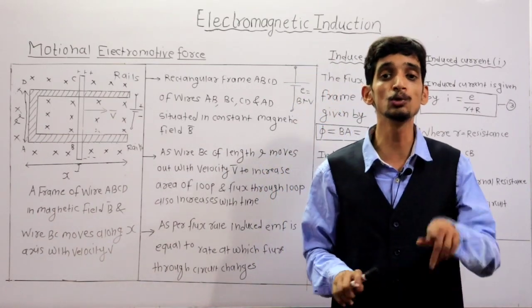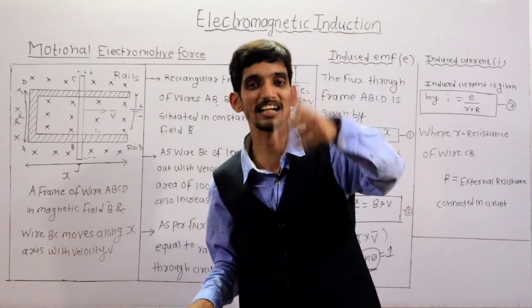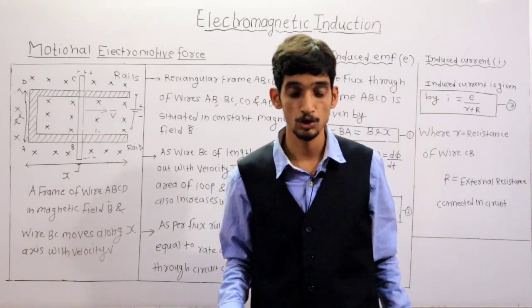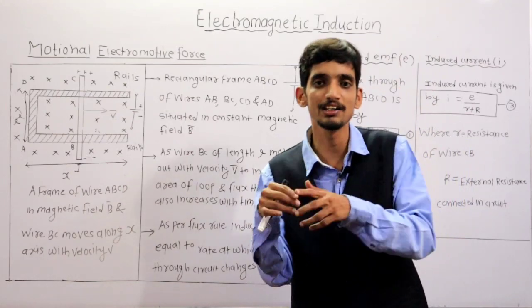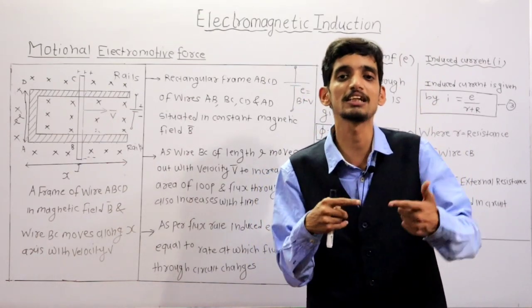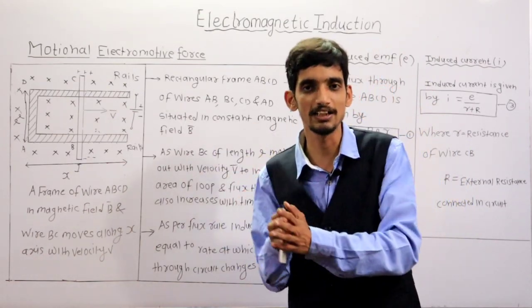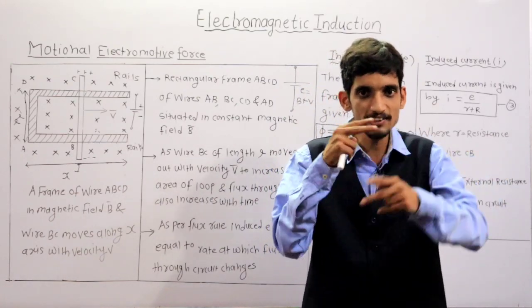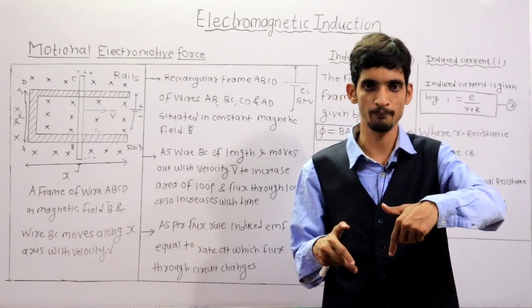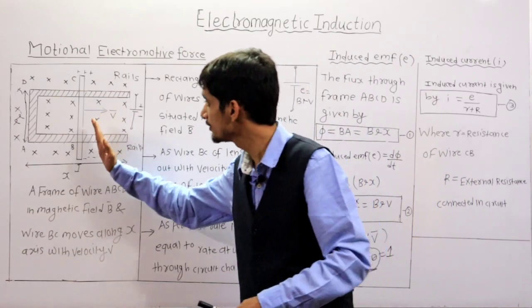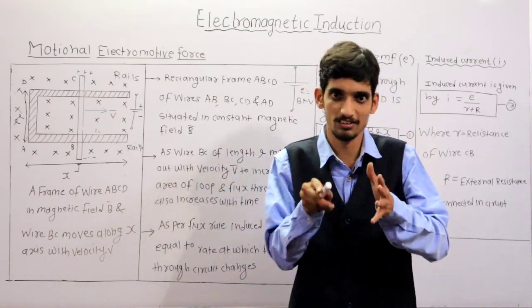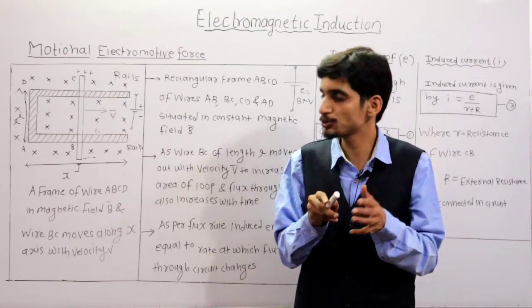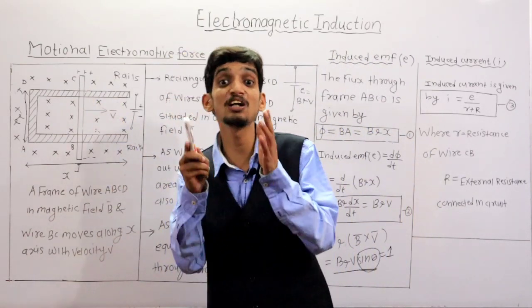That's why the induced EMF in the rod is maximum, which is BLV. So BLV is a specific case and BLV sin theta is the generalized case. If theta is 90, then it is BLV, and this theta is the angle between velocity and magnetic field. Clear? So whenever theta is 0, it means these V and B are parallel to each other.